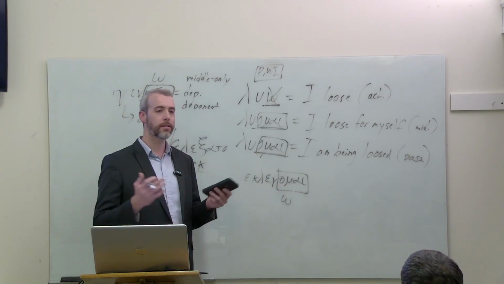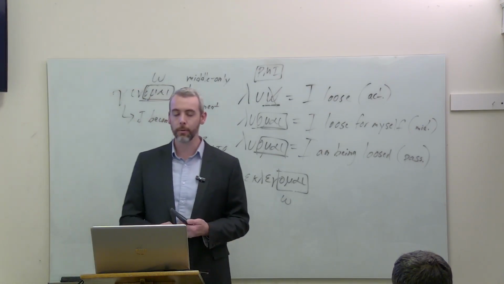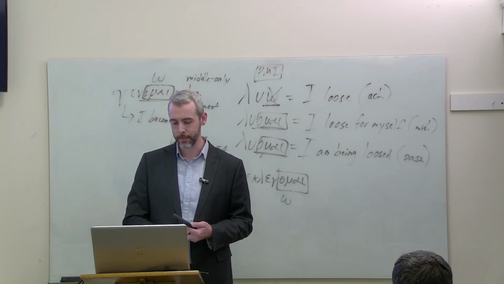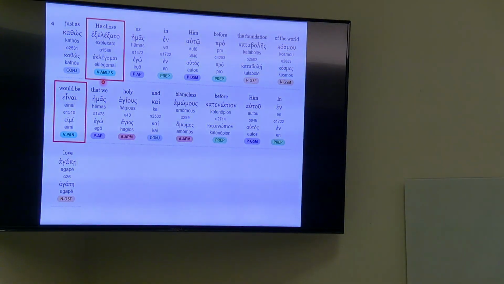And these are things you just have to think through and read some good commentaries and see. Either way, you'd be okay translating it, he chose. And so that's something to consider. But I want you to see that you have this middle-only form, at least as they see it that way. And thus, he chose is the good translation.